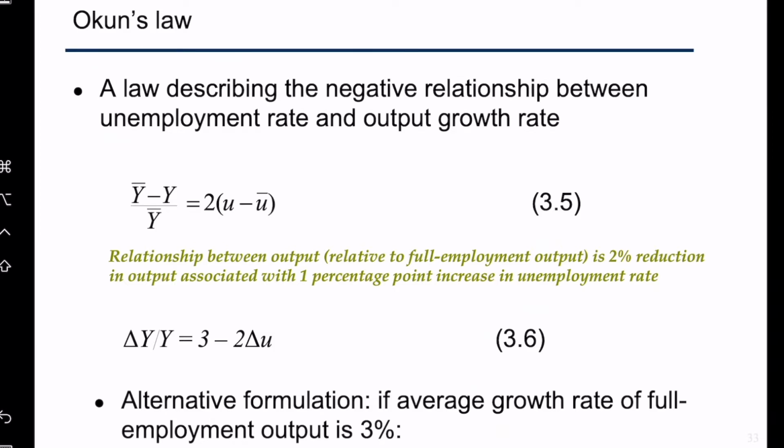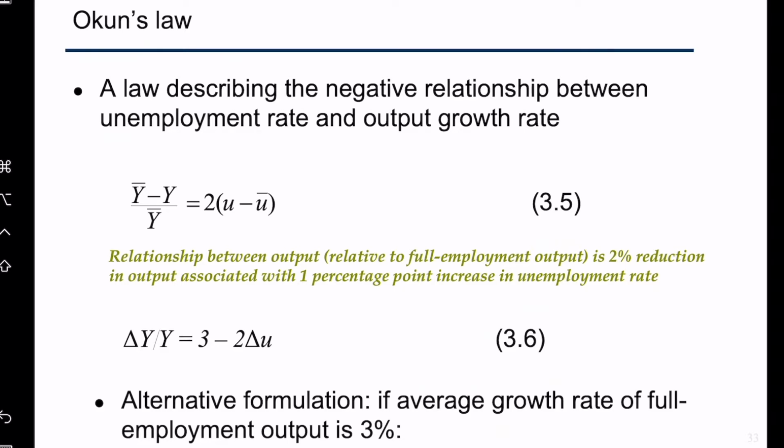So we can derive the other form of the equation, which says that the growth rate of the output equals 3 minus 2 times the changes in the unemployment rate. And the 3 is the average growth rate of the full employment output in the US. Once we make this assumption, we can plug it into equation 3.5 and derive equation 3.6.